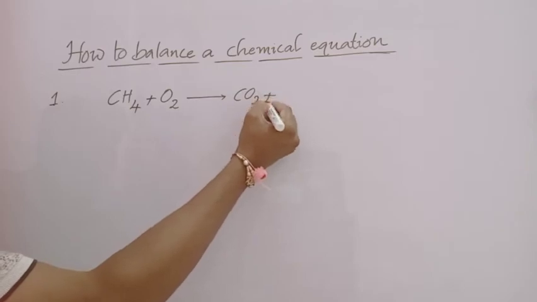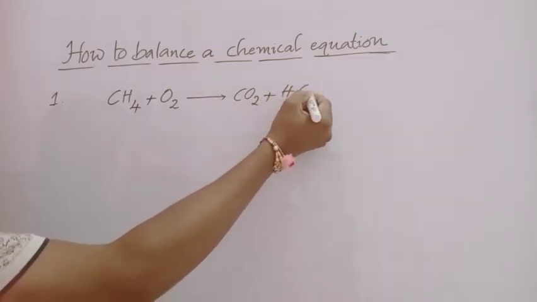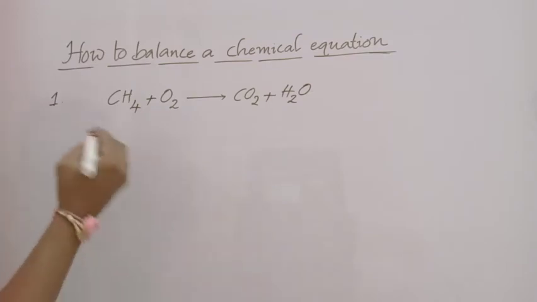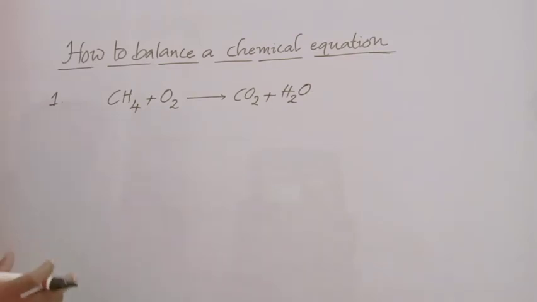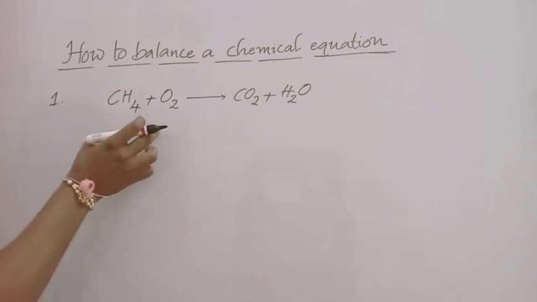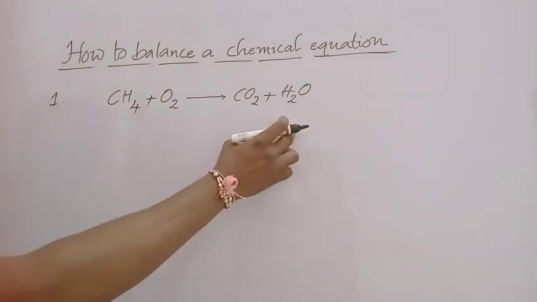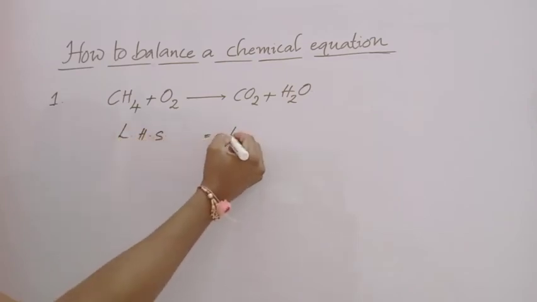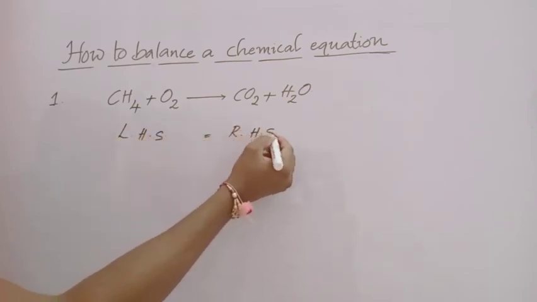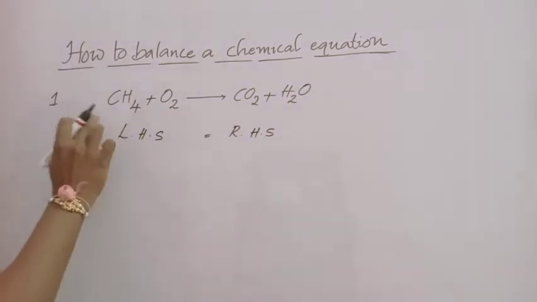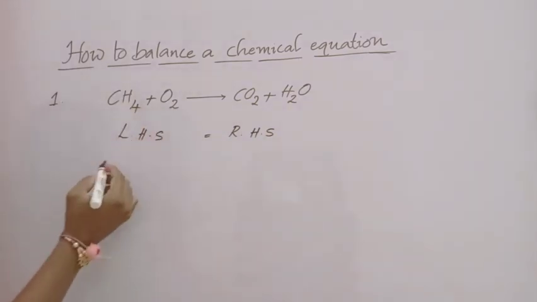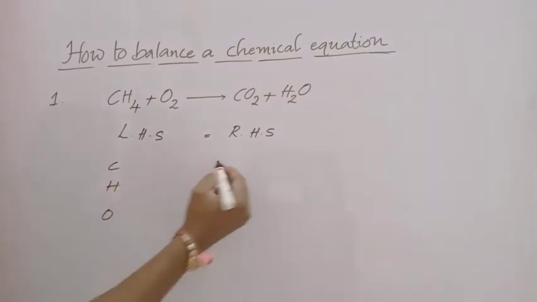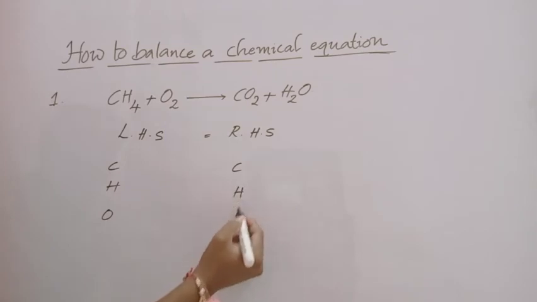Carbon dioxide and water. As we already discussed, in a chemical reaction the quantity of reactants is equal to the quantity of products, so LHS is equal to RHS. What elements participate here? Carbon, hydrogen, oxygen on the left, and also carbon, hydrogen, oxygen on the right.